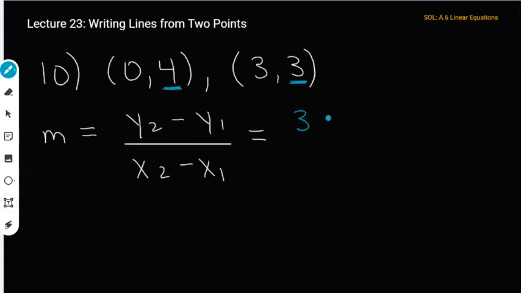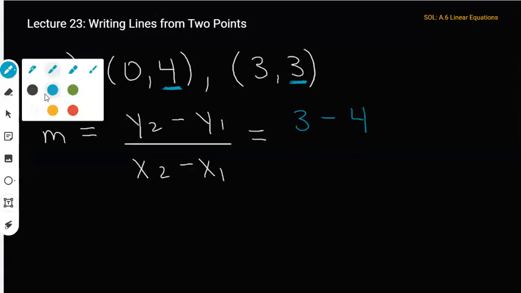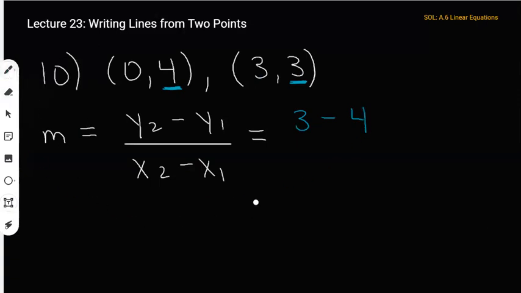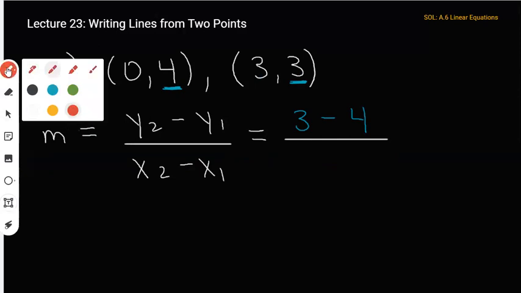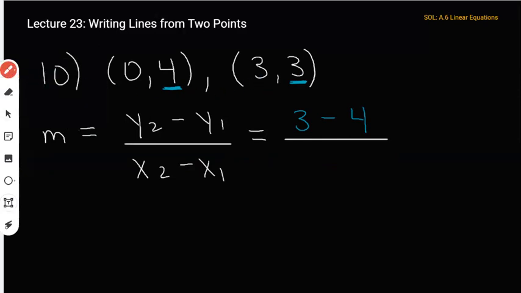So we're going to get 3 minus 4. Draw my fraction bar. And then in red, I'm going to underline my x values. This 3 and this 0. So 3 minus 0.